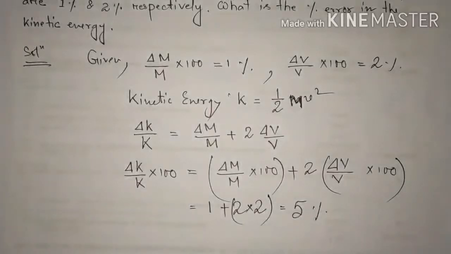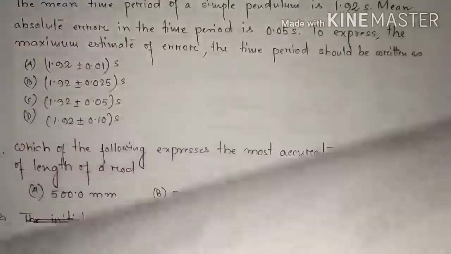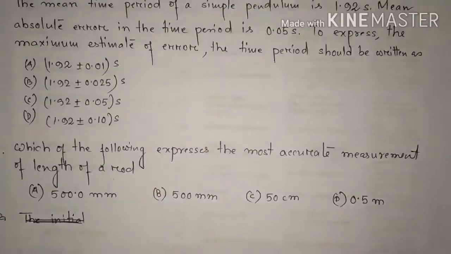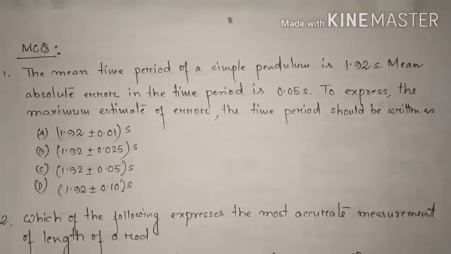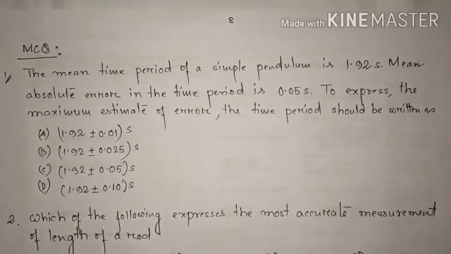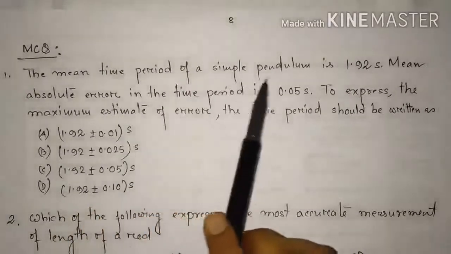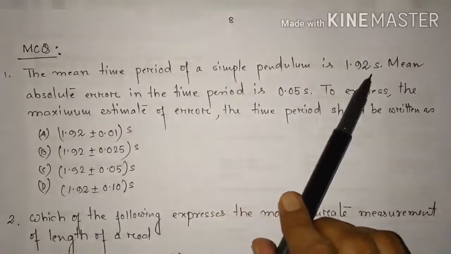So I think we have done enough of elaborative numericals on error analysis. Now just focus on 2-3 MCQs. The first one is this one. The question is, the mean time period of a simple pendulum is 1.92 second.